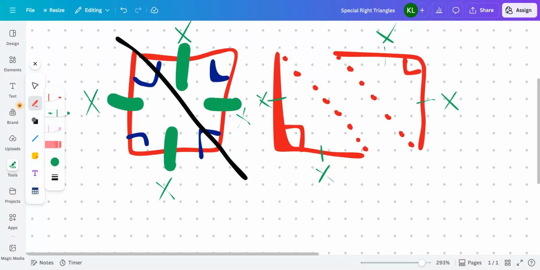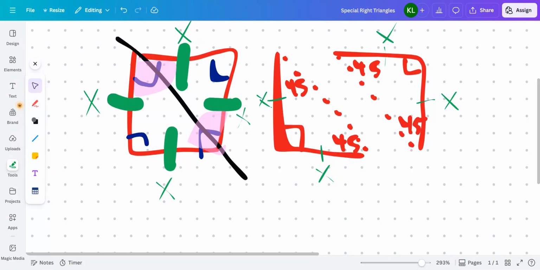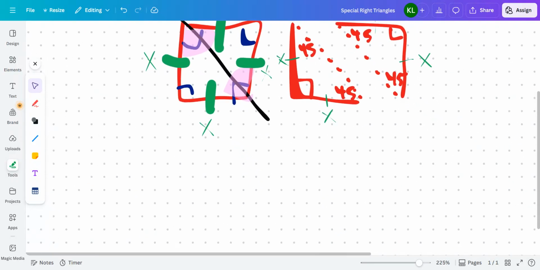Now we had two 90-degree angles that were also cut in half. So 90 degrees divided by 2 is going to produce a 45-degree angle. So that's pretty nifty. But anyhow, this is just one way you can derive a 45, 45, 90 triangle.